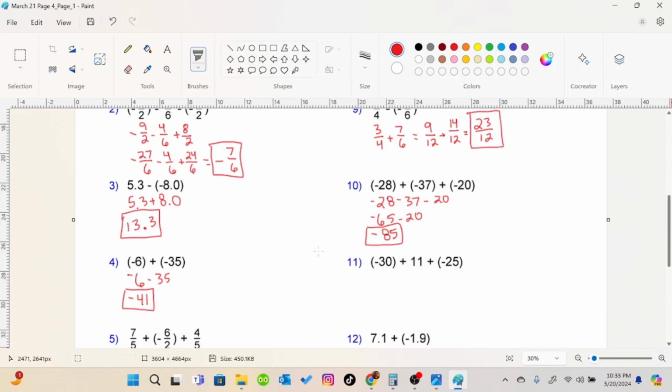If you add a negative, it becomes subtraction. Negative 30 plus 11 becomes negative 19. And negative 19 minus 25 becomes negative 44.